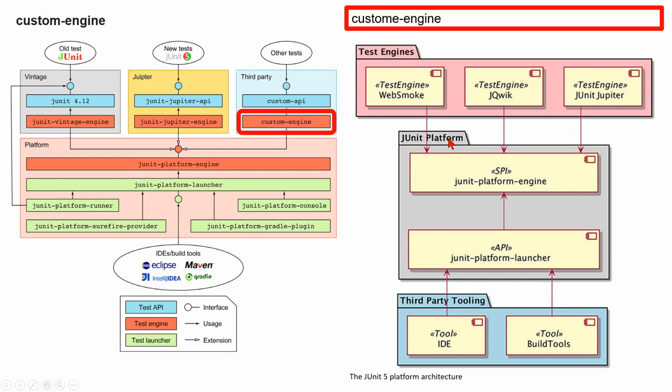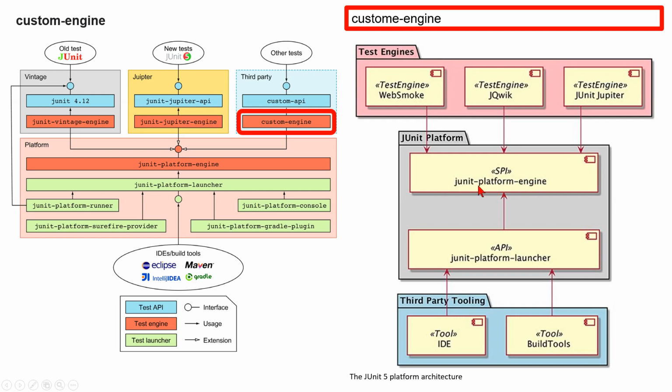Here, the test engines WebSmoke, JQwik, and JUnit Jupiter are connected to the JUnit Platform Engine SPI.